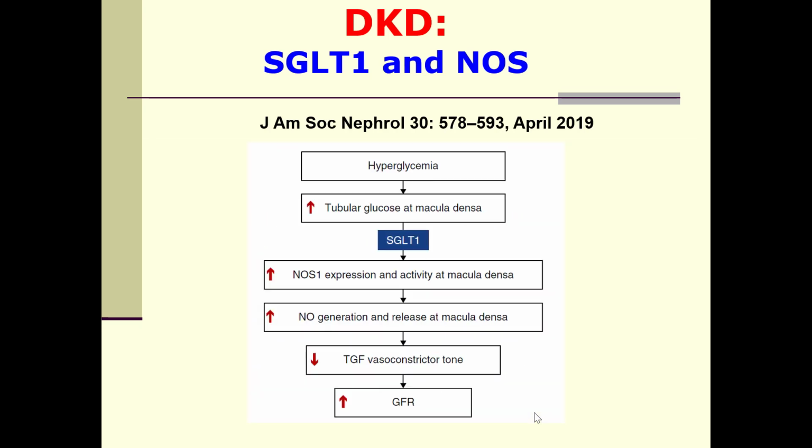If we block sodium glucose cotransporter 2 by using sodium glucose cotransporter 2 inhibitors, we have sodium glucose cotransporter 1 within the macula densa. So this cotransporter will be activated, and when it is activated and highly expressed, it will lead to increased nitric oxide synthase expression, and this will end in reduction of TGF vasoconstrictor tone, tubuloglomerular feedback control, with resultant hyperfiltration.